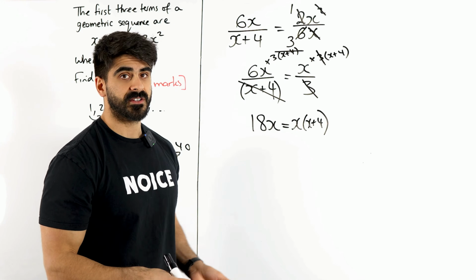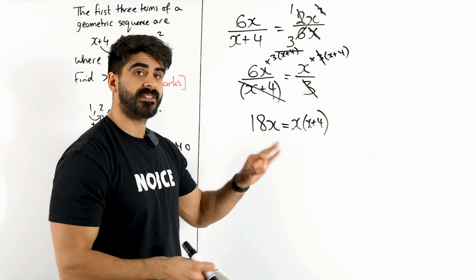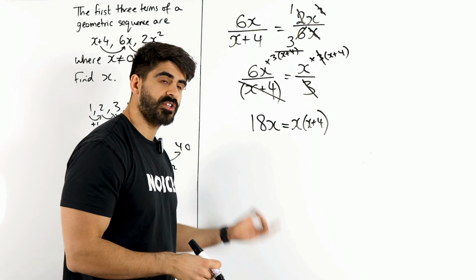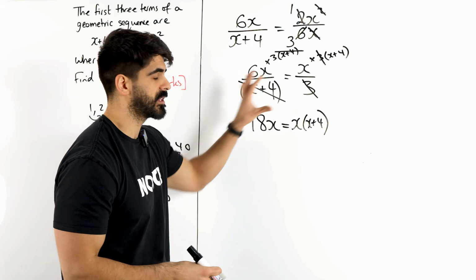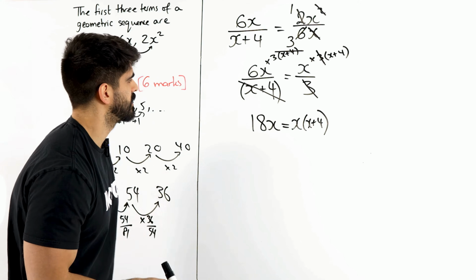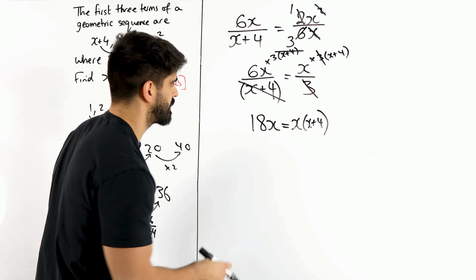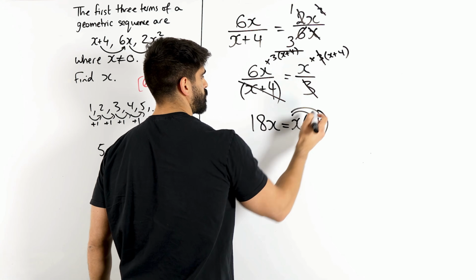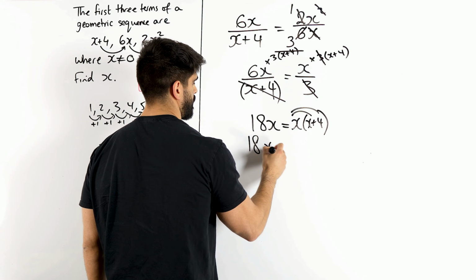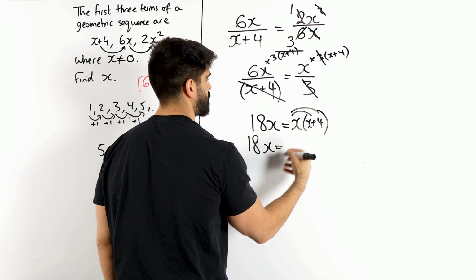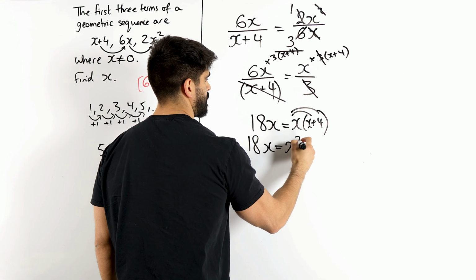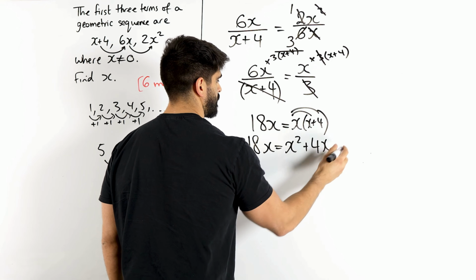When we divide by x, you have to make sure that x is 0 is not a solution. Because really we should bring everything to one side and factorize. And I've been very clear to say x cannot be 0. So again, you can divide by x here. But most students would just expand this. It's very common for A-level students to do this. So we get x squared plus 4x.